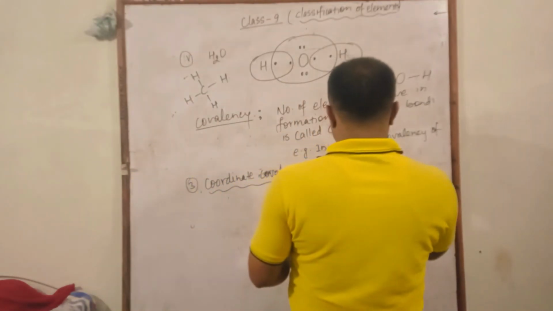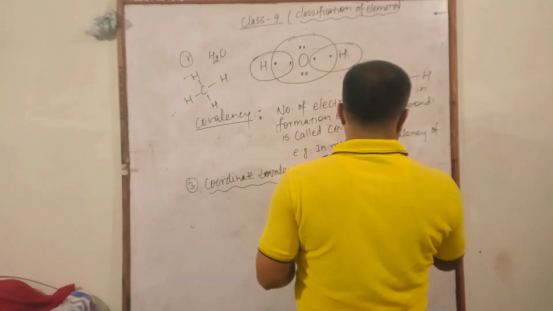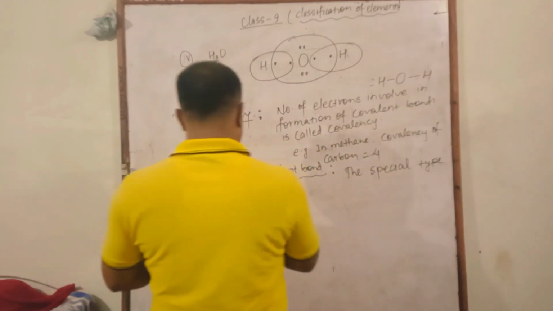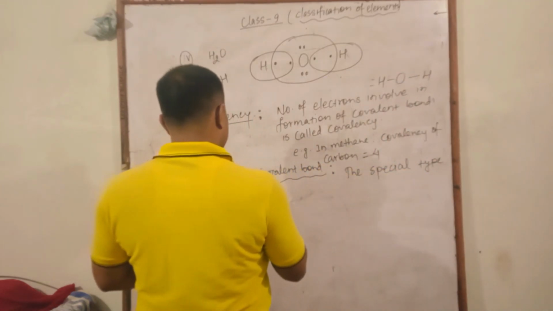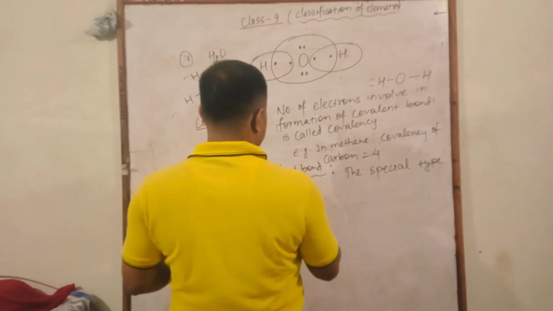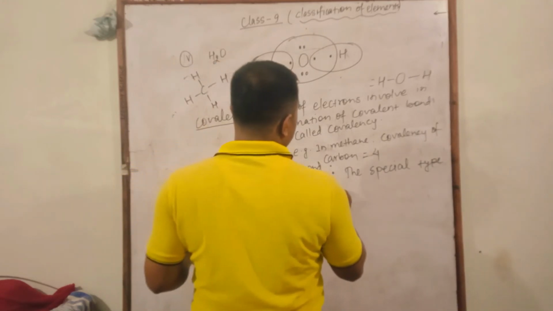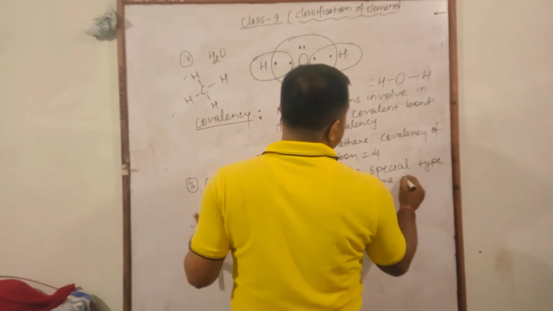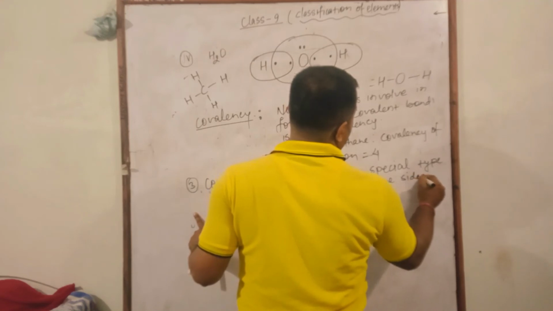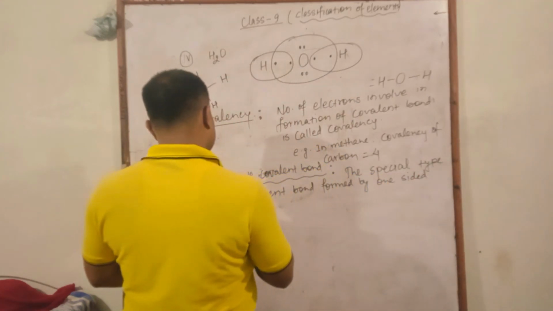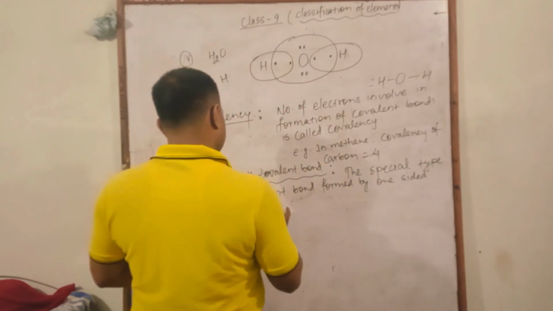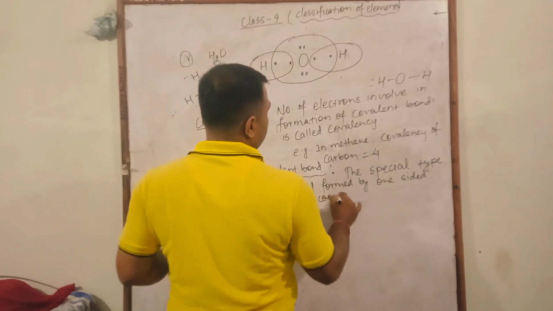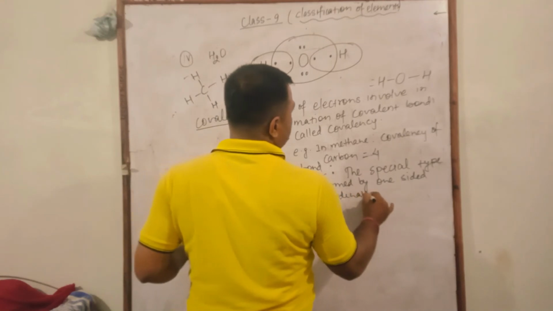The special type of covalent bond formed by one-sided sharing is called a coordinate bond.